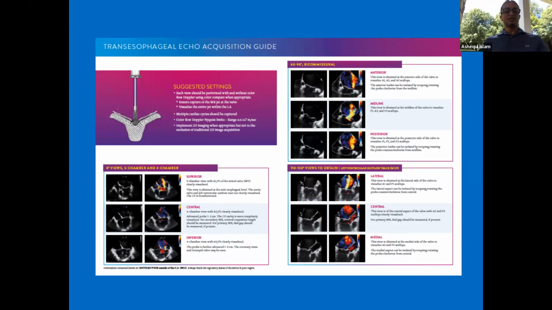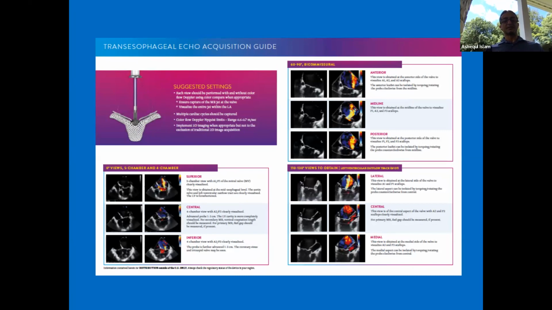In any case, most commonly you obtain the 0-degree angle, 4-chamber or 5-chamber view, depending upon where you are in the mid-esophageal plane. If you are in the high segment, you will often see the 5-chamber view, and you will see the lateral aspect of the anterior and posterior mitral leaflets.